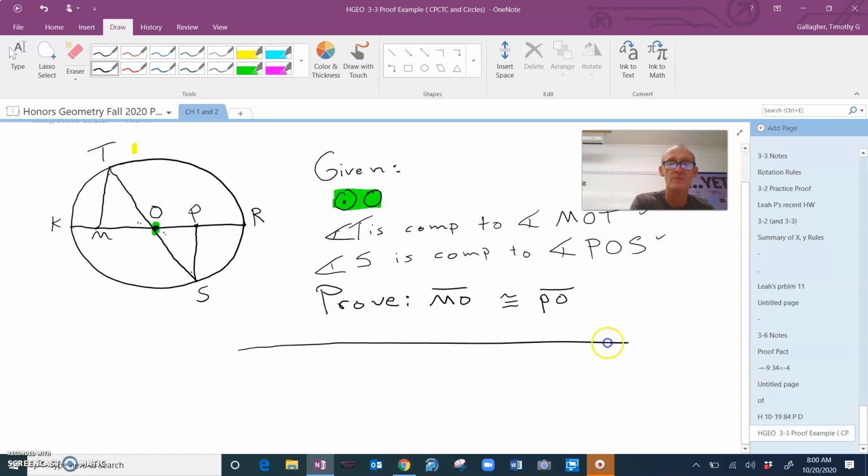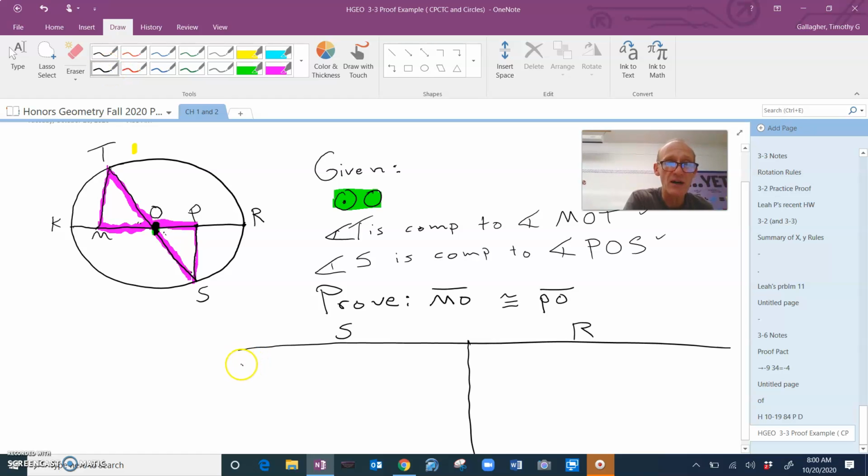And if you don't notice already, the two triangles we should be getting congruent in this problem are these two triangles right here. There's this triangle, okay, and this triangle. So we have to get those two triangles congruent.